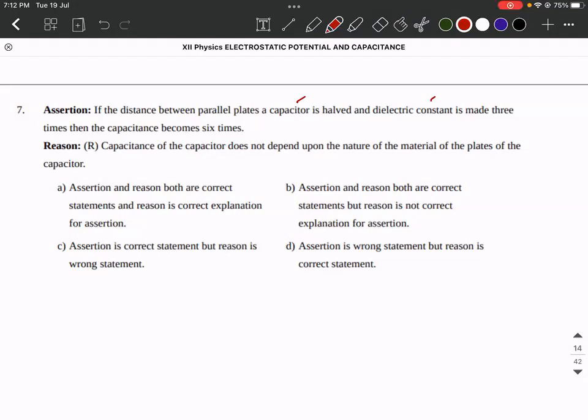If it becomes half, capacitance will become twice. And there is a dielectric of constant 3, so capacitance will become 6 times obviously. C is equal to kappa times C naught. So it becomes 6 times, so this is true. Capacitance of a capacitor does not depend on the nature of the material of the plates of the capacitor.